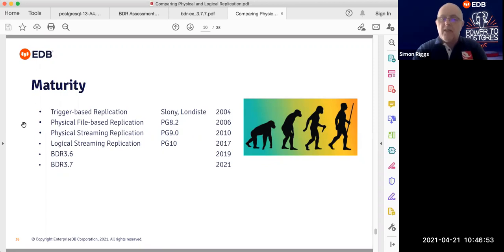Some of that work has already been done in terms of the BDR product, and we do expect that some of that work, or eventually all of that work, will go through to Postgres core, but that will take quite a long time to feed back all of those changes. But in terms of maturity, we can see that physical streaming replication is becoming more stable. After 10 or 11 years, it's now becoming a little bit more stable.